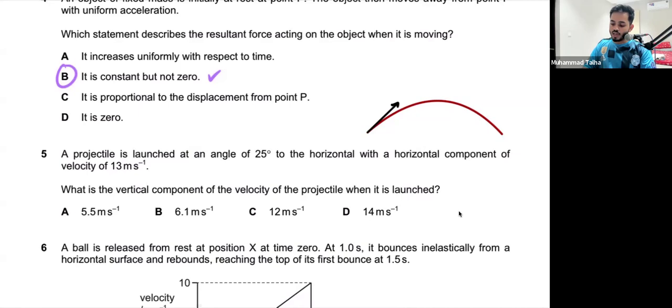It's launched, and this makes an angle of 25 degrees with the horizontal, but the horizontal component is 30. All right, they haven't given you this original velocity. They've given you the horizontal component. So this is 30.